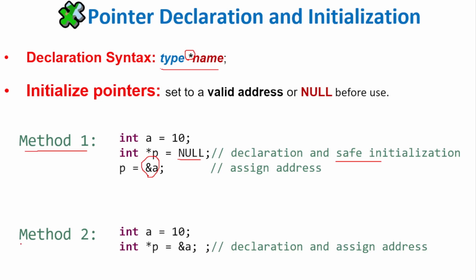The second approach is to initialize the pointer at the moment of declaration by immediately assigning it the address of an existing variable. This method is cleaner and more concise, and it is typically used when the target address is already known at the time the pointer is defined.